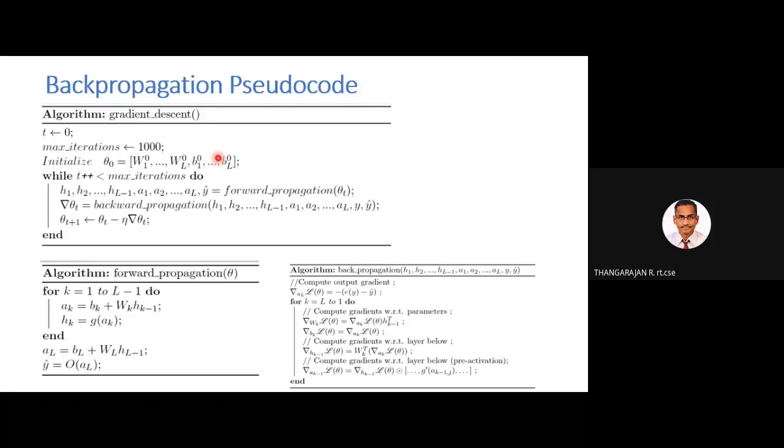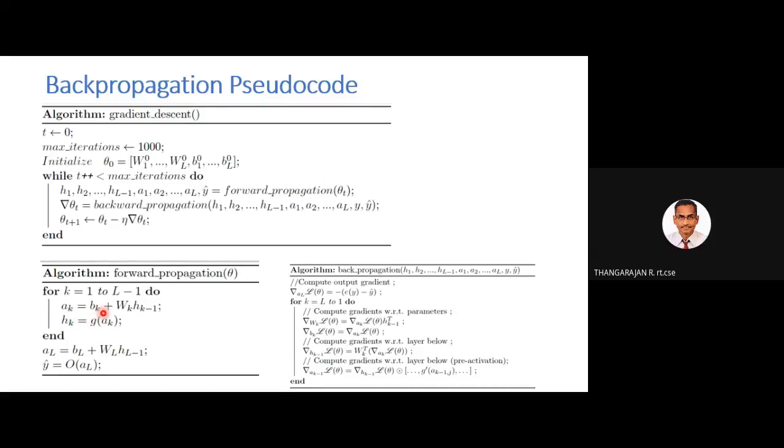Now, what actually happens in the forward pass? We are going to see that here. We are computing A of k and H of k, where y cap is the activation at the final level. You find A of k and H of k using the equations I have shown you before.